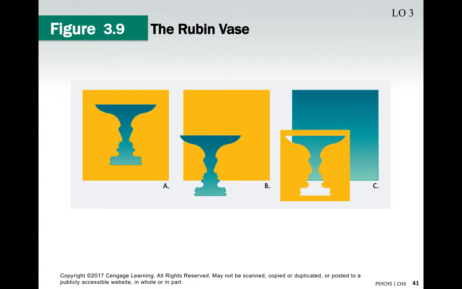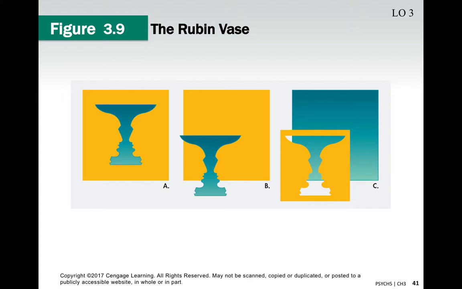If you look at part A, your mind can flip back and forth between seeing a vase or seeing two faces looking at each other. Sometimes you see the vase, and sometimes your mind switches and sees a face. But what about part B? In part B, you're much more likely to see the vase, whereas with part C, you're more likely to see the profile.